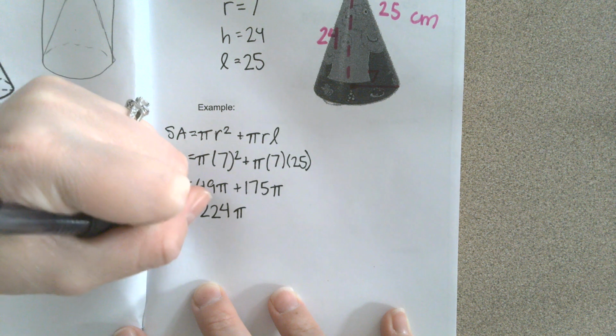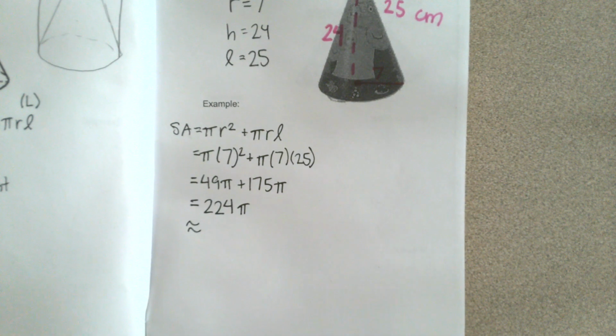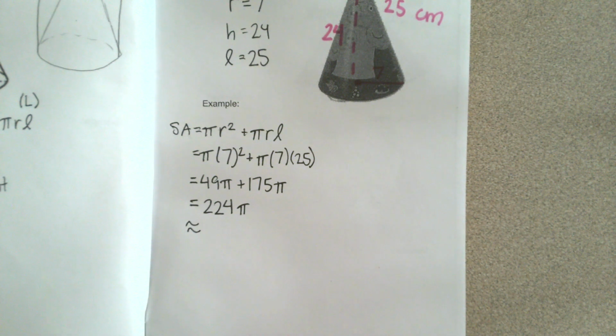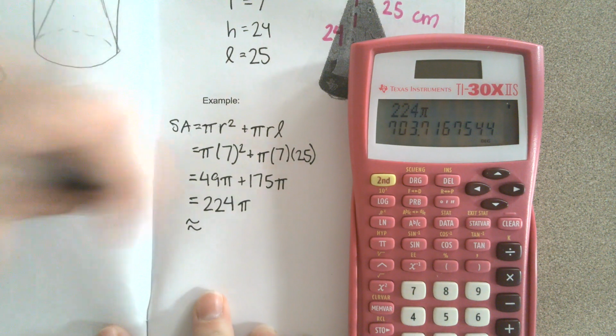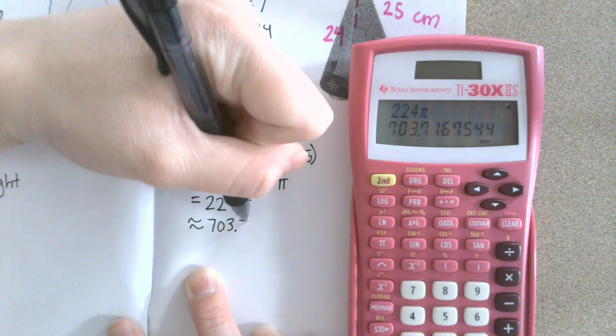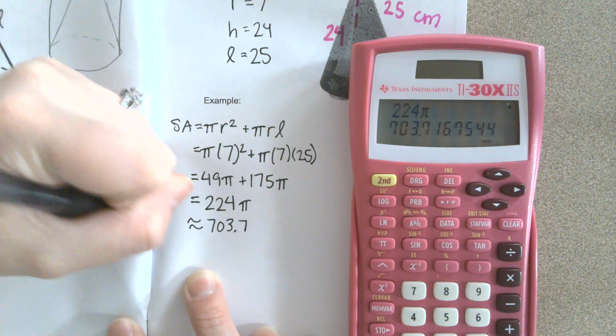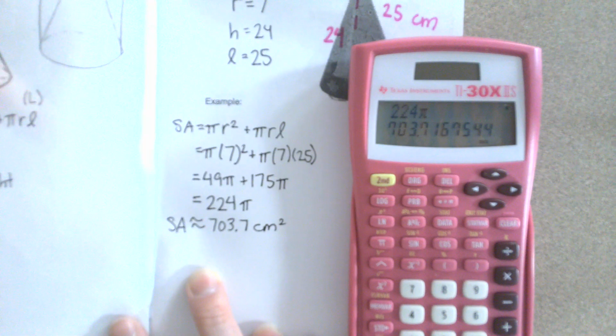Now I will be using my calculator to get the decimal for this. 224 pi will give you 703.7. And since this is surface area, this is centimeters squared.